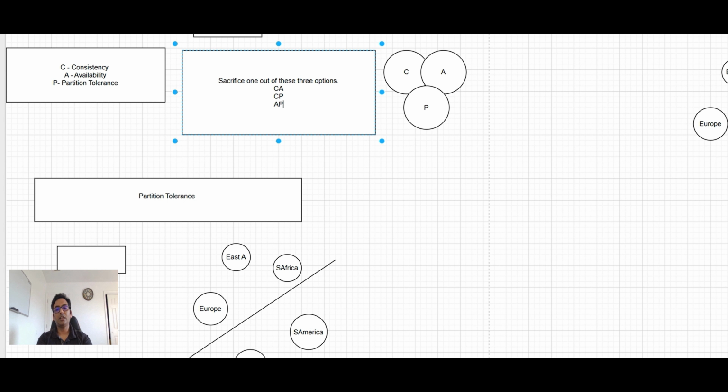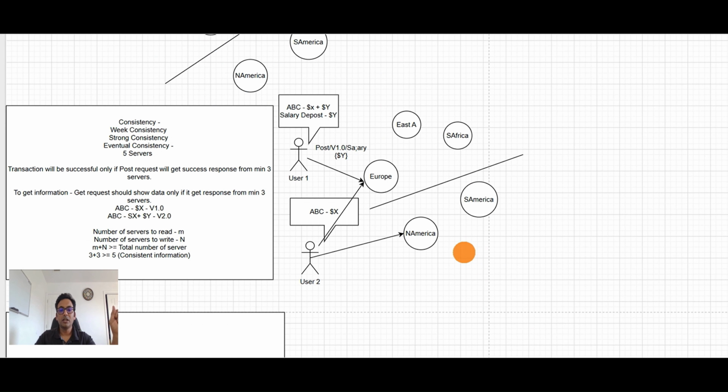And as I said, CA is not a realistic case because we need partition tolerance, so I'm not going to talk a lot about it. Let's see how CP works. CP is consistency and partition tolerance, and we are sacrificing availability. How will that work? For example, if you want to make a system consistent, where the information should be consistent, it means we are looking for strong consistency.